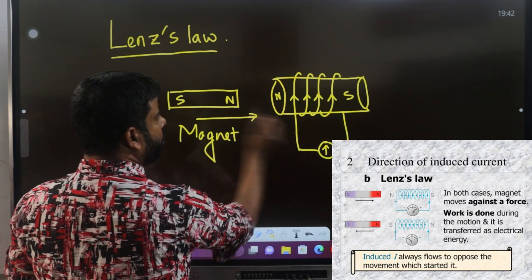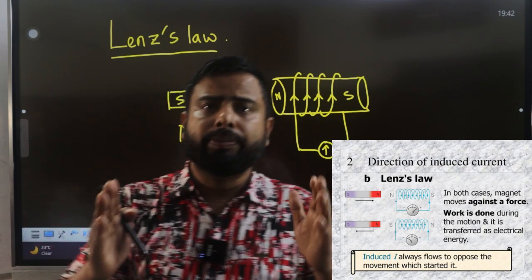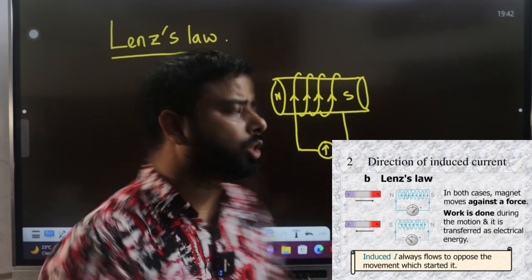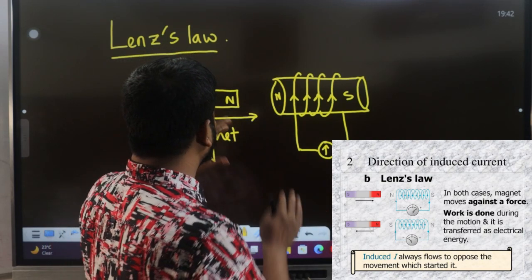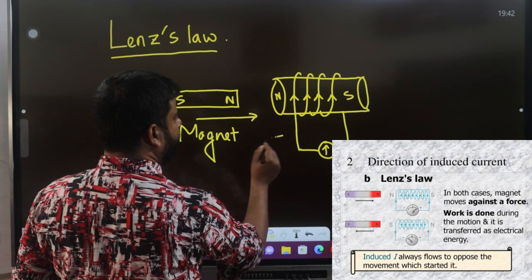That means the direction of the induced current opposes the movement of the magnet.